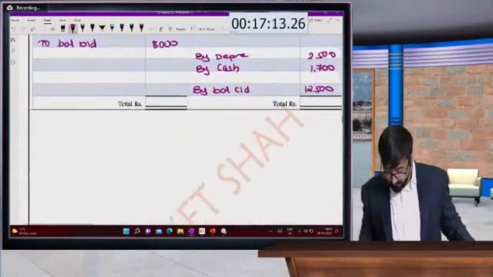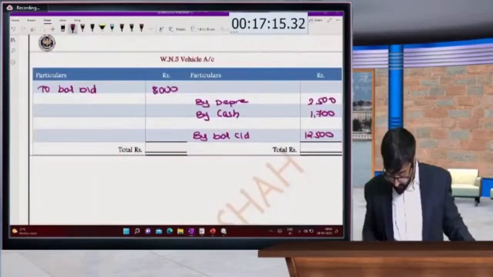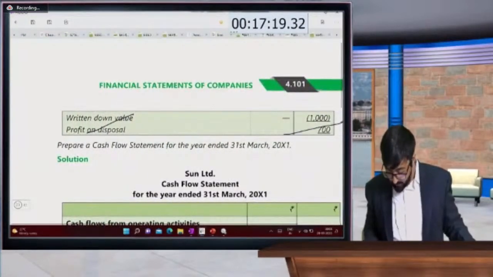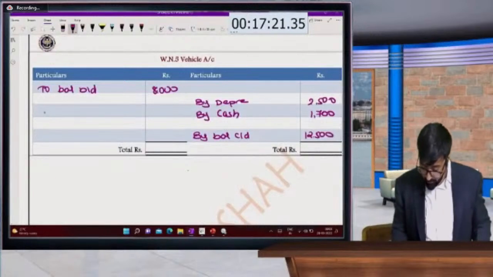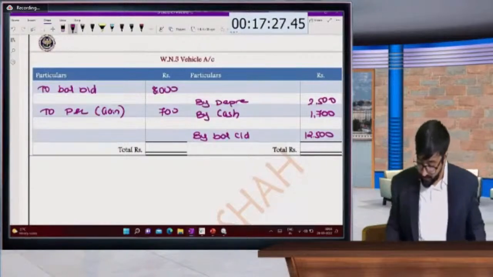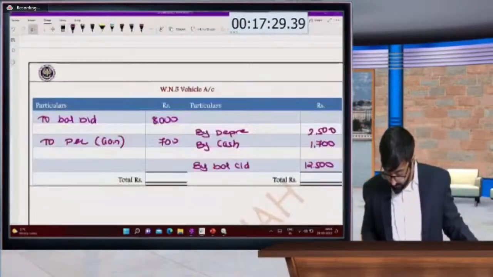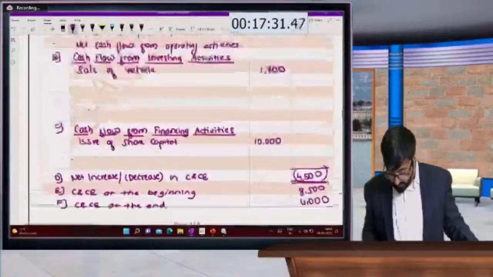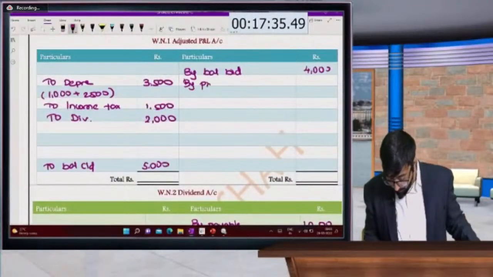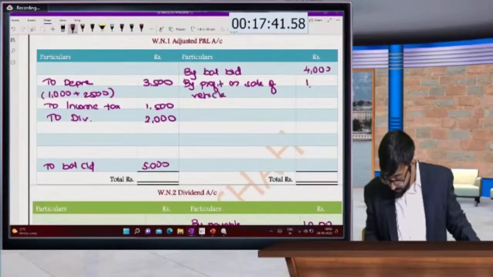Next one, profit on disposal to P&L, bracket में gain, profit, it's 700 and second effect, adjusted P&L by profit on sale of vehicle 700.